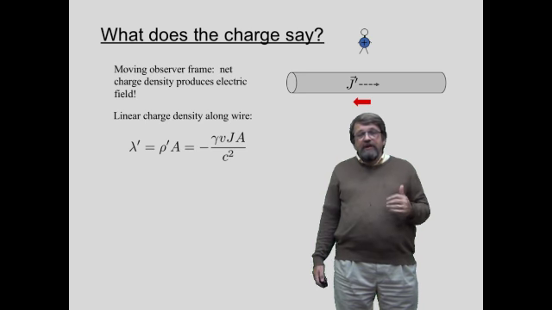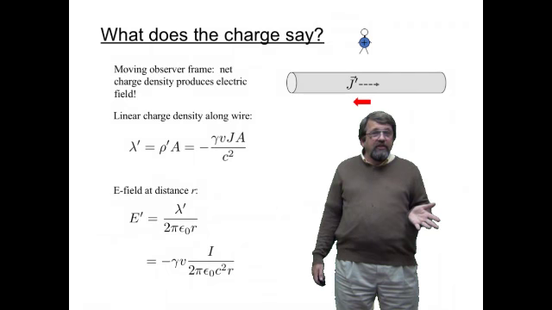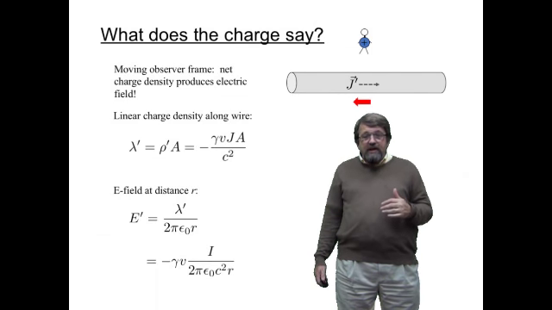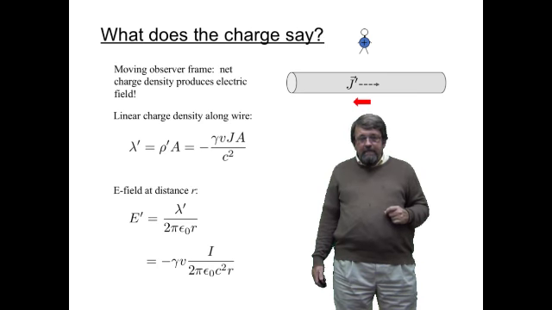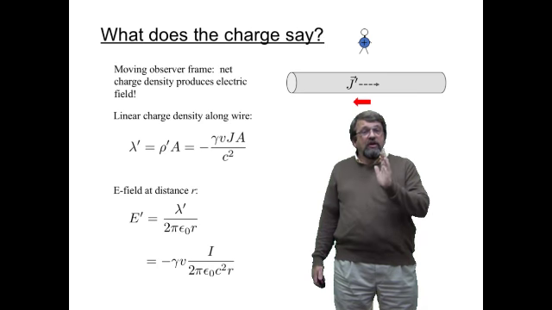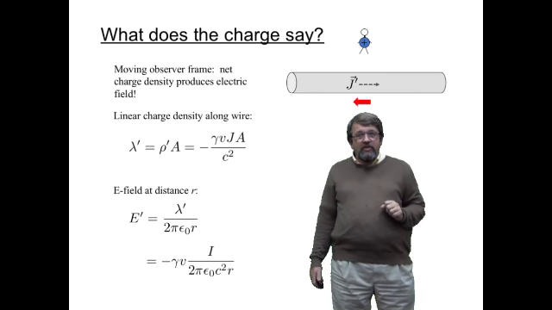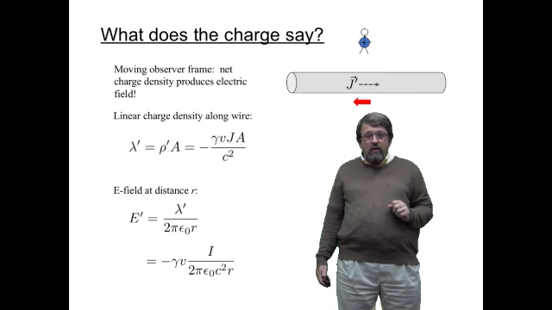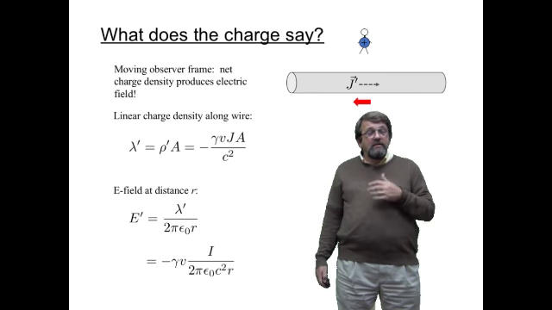Of course, the electric field due to a linear charge density lambda prime, this is now the electric field that the observer sees, will be lambda prime over 2 pi epsilon naught times R. And that will be minus gamma times V times I, the current in the wire. Why? Because that's just J times A, the current density times the cross-sectional area of the wire, over 2 pi epsilon naught times C squared times R.